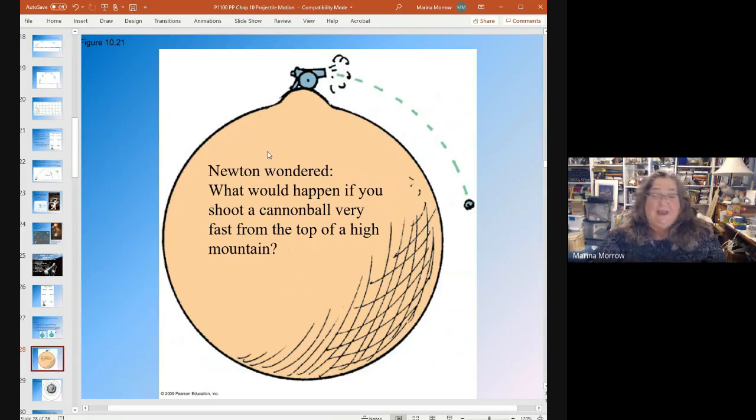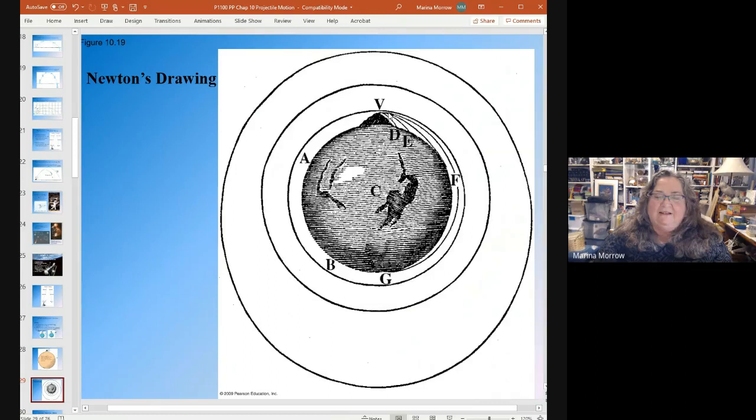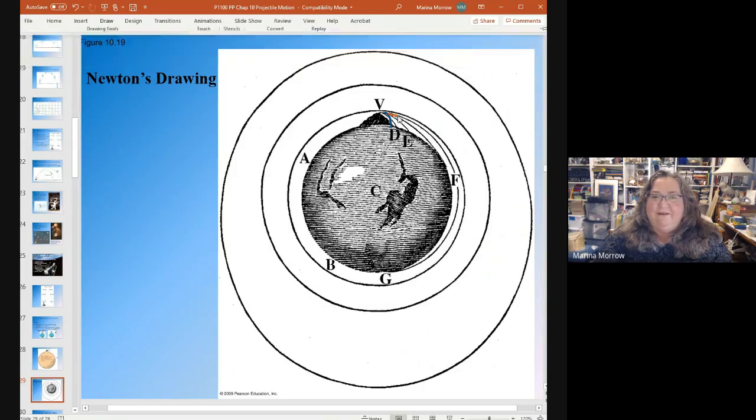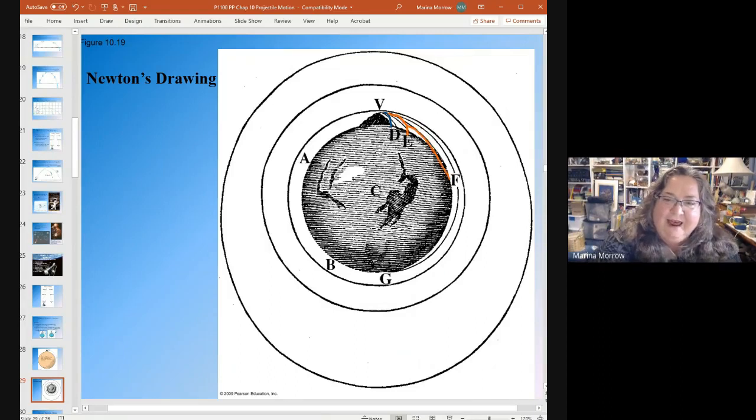So Isaac Newton, again, as always, was wondering, what could happen if you shoot a cannonball very fast from the top of a high mountain? These are his drawings. You can see that he thought, well, if I fire it slowly, that would be D. If I fire it a little faster, it'll go to E. A little faster than that, it'll go to F. And if I keep firing a little faster, it might get to G, halfway around the world.